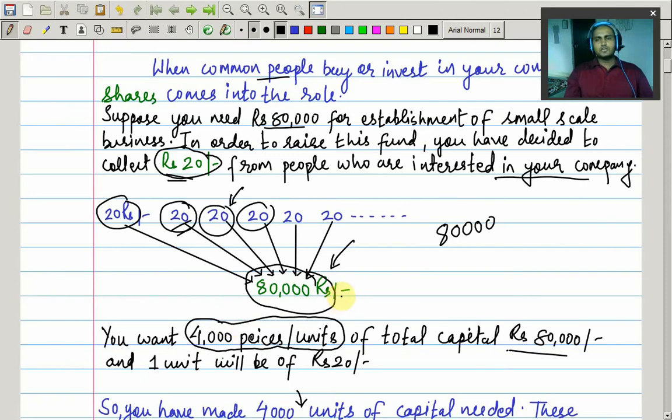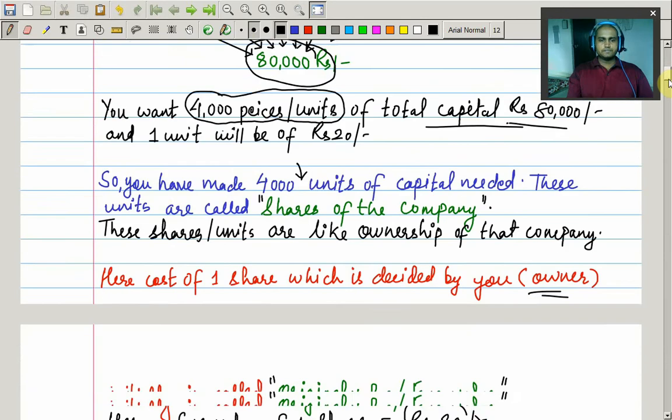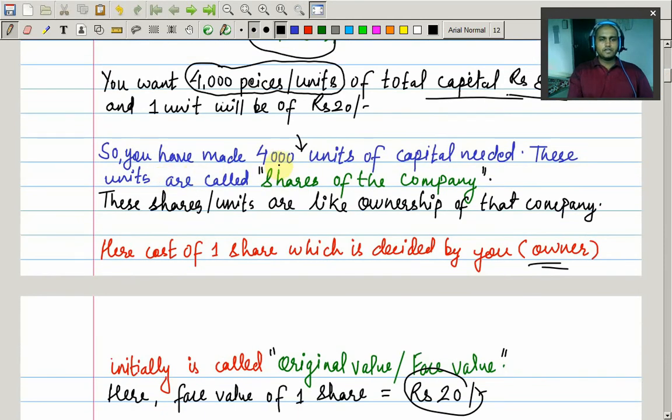So there are 4,000 units, and one unit will cost rupees 20. So you have made 4,000 units of the capital needed. These units are called shares of the company.